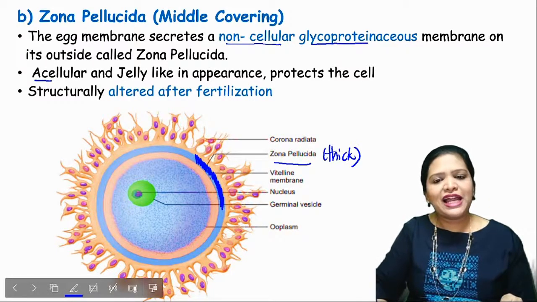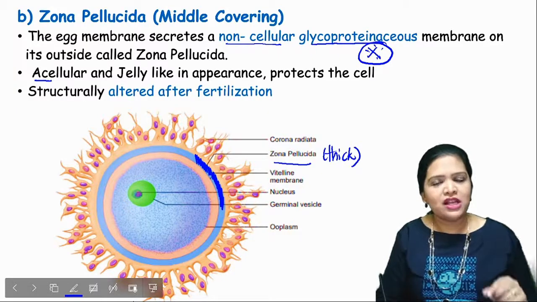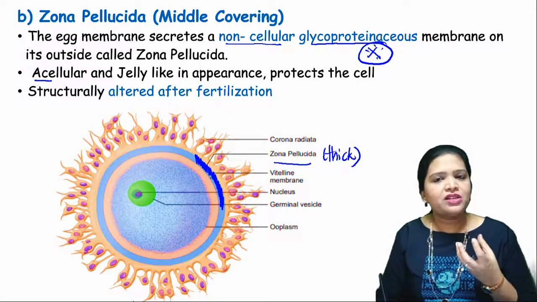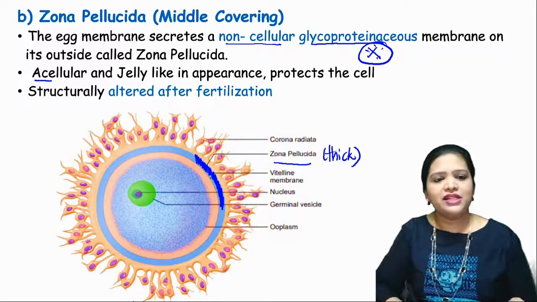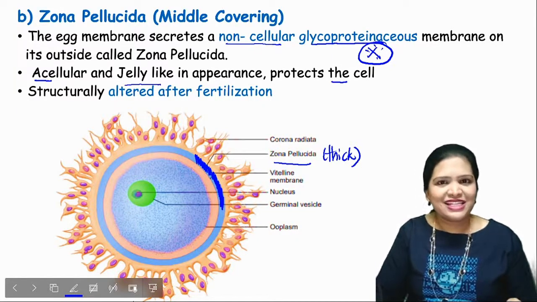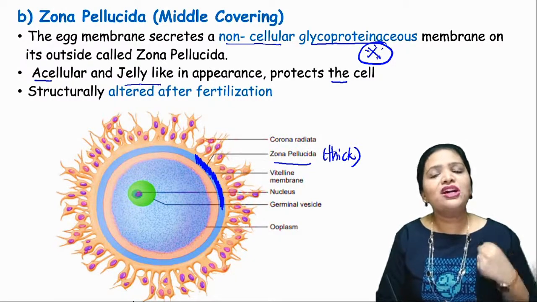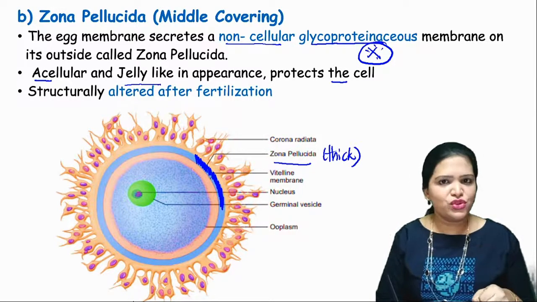It is made up of glycoproteins, which is very important. That's why its structure has a jelly-like appearance, and it protects the cell. Who is secreting the zona pellucida? The follicular cells are secreting the zona pellucida.